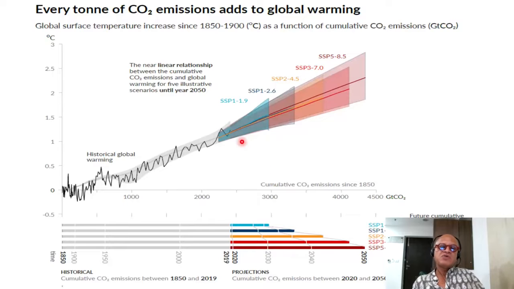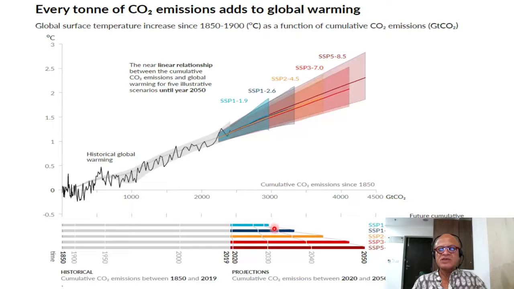Okay, so here we are with SSP 1.9 to SSP 5 8.5. And here the future cumulative CO2 emissions differ across scenarios and determine how much warming we will experience. So we are in the historical cumulative CO2 emissions between 1850 to 2019 here. That's the same number obviously, and then you add different scenarios.